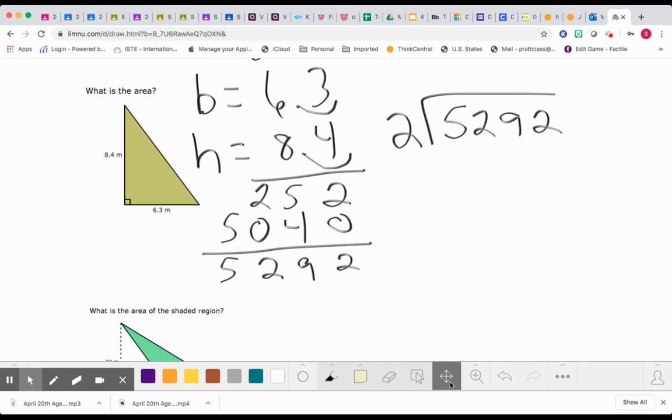So we're going to figure out how close can we get from 2 to 52. Okay, so 2 can go into 5 2 times.